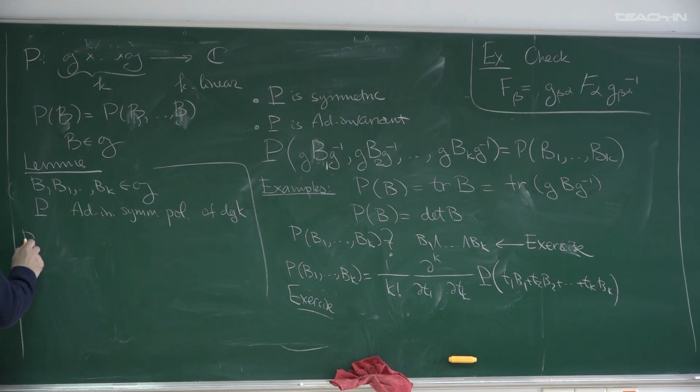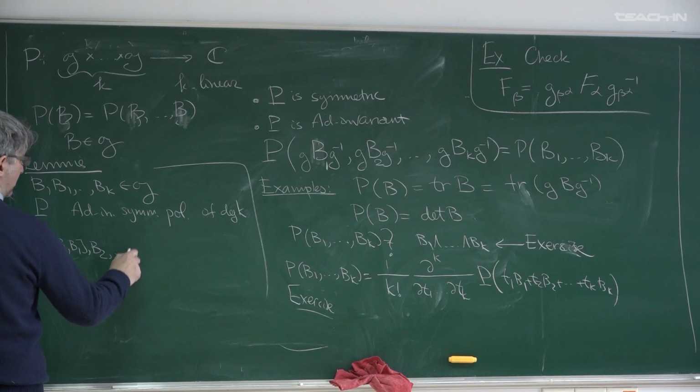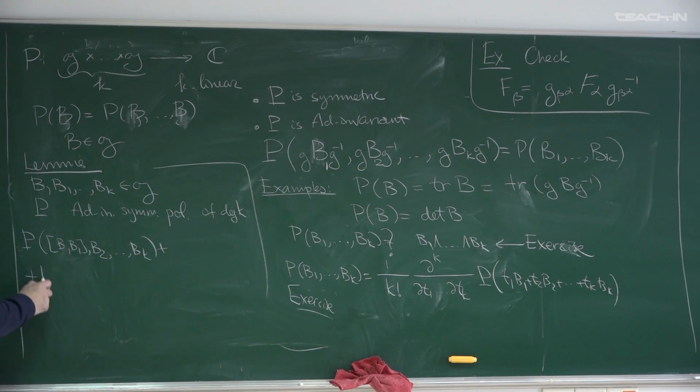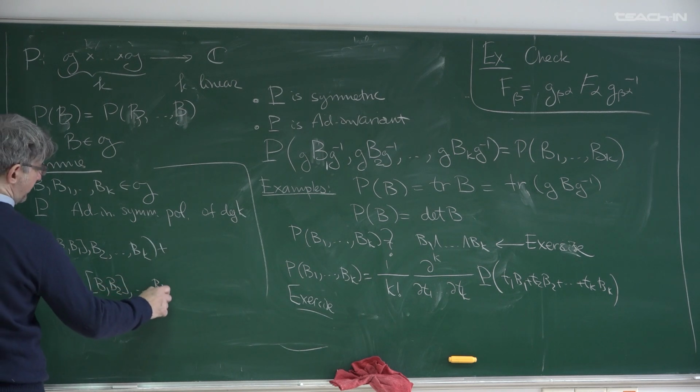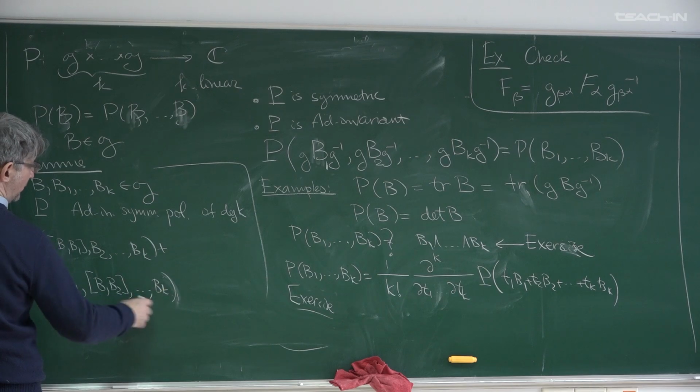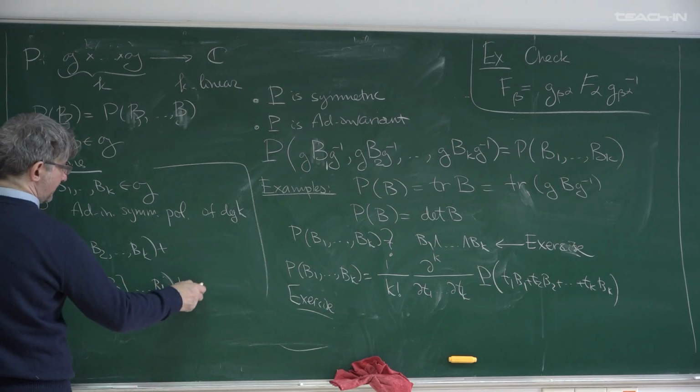So I claim that we have the following identity: the commutator of B with B1, and we do not change the other arguments. Then we write the second term: B1 is not touched, and we take a commutator with B2, and do not apply commutators to other things.